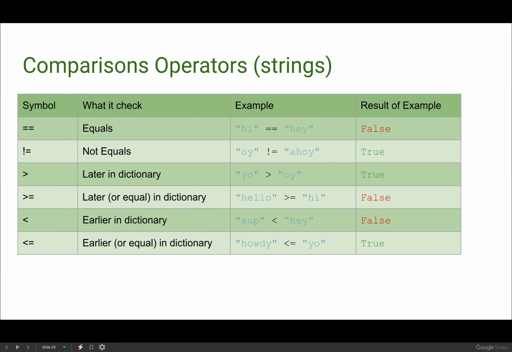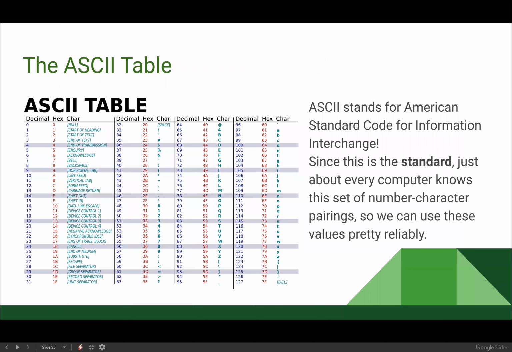Okay. So I'm going to introduce you to another tool that will hopefully make this a little clearer as well. That is called the ASCII table. ASCII is short for American Standard Code for Information Interchange. And this is the standard encoding for characters in computers.